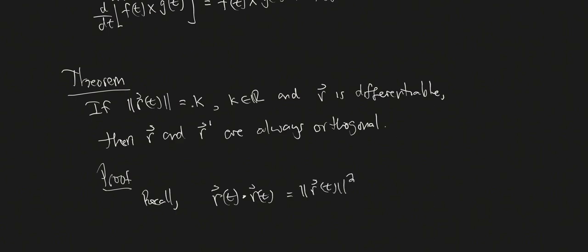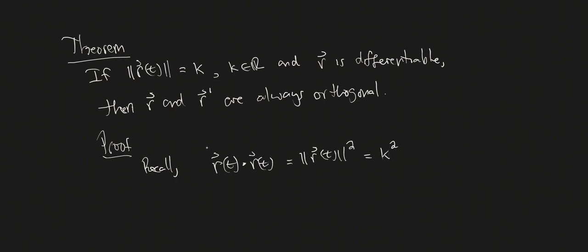But in this case, we're assuming that the magnitude is a constant. So then this would be my constant squared. All right. Well, let's differentiate both sides here. Let's take the derivative of the left-hand side. Let me make it big and clear that here we have a dot product. And then we would have to take the derivative of the constant.